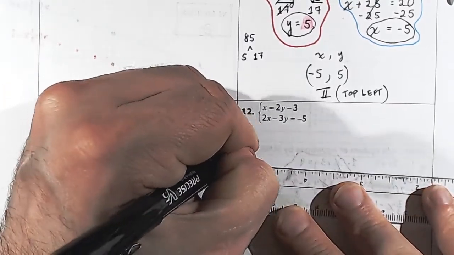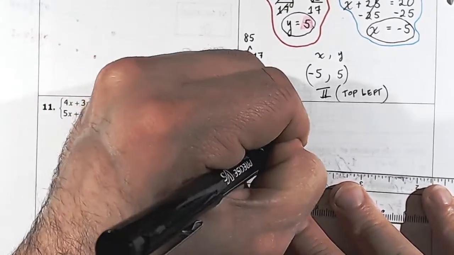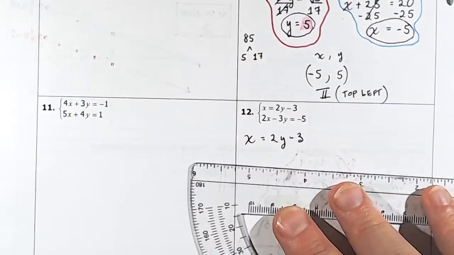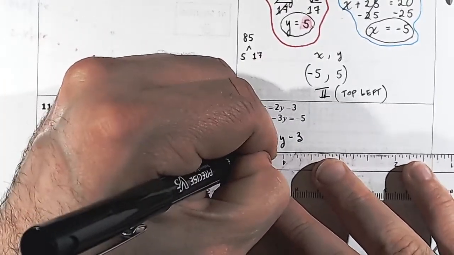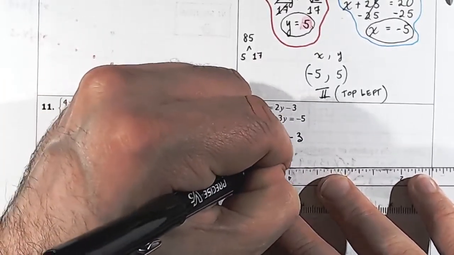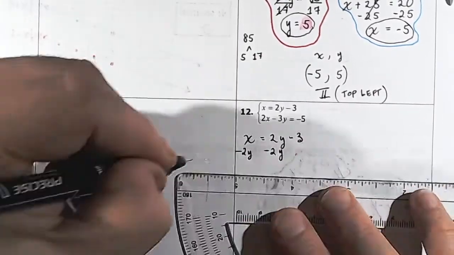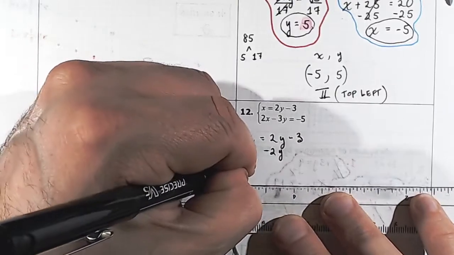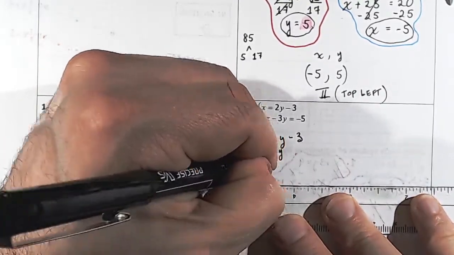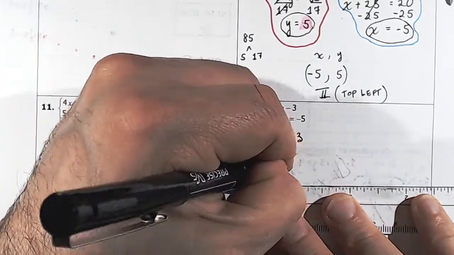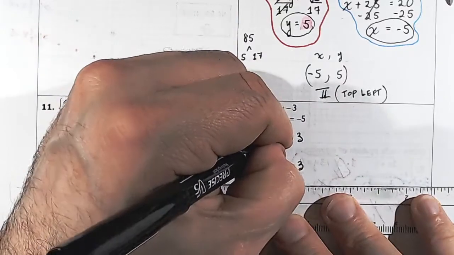So I have here x equals 2y minus 3. And to get y on the other side, I have to subtract 2y from both sides. So I have negative 2y plus x equals negative 3.